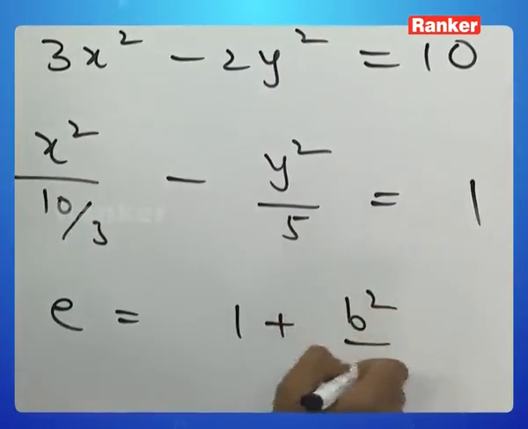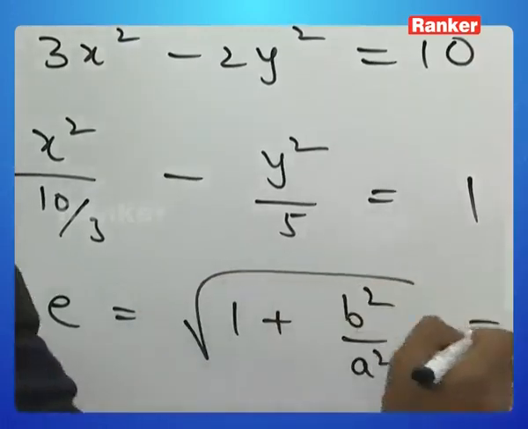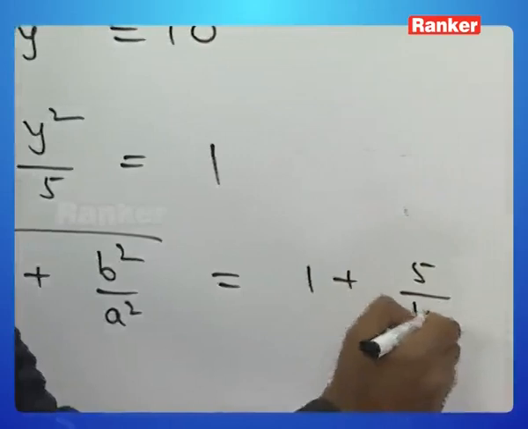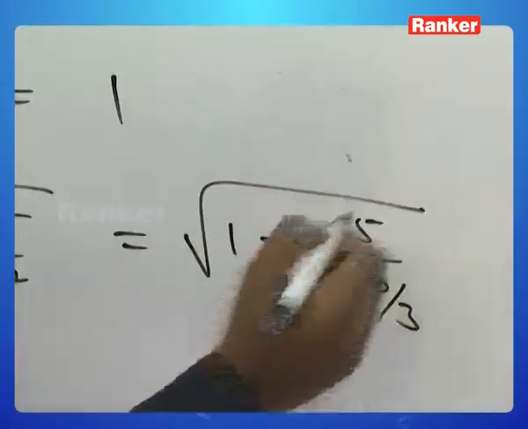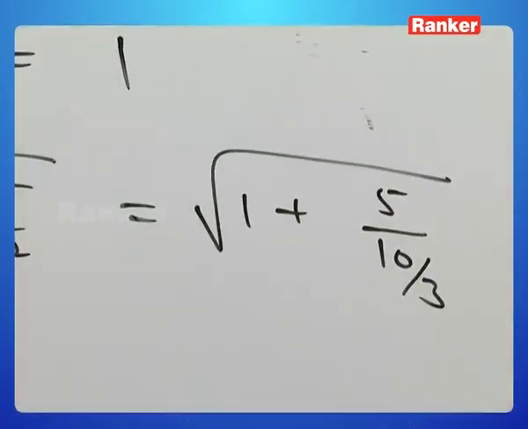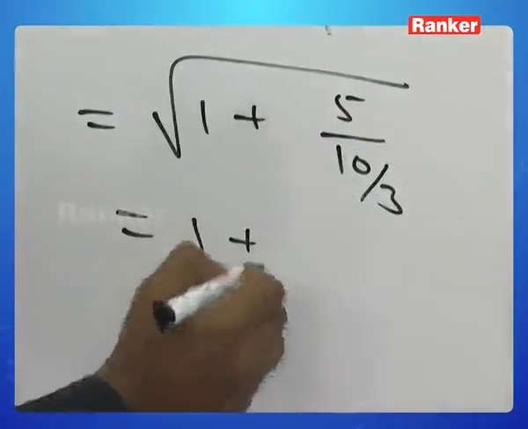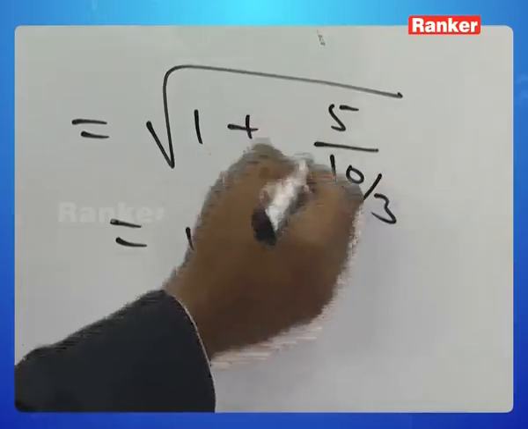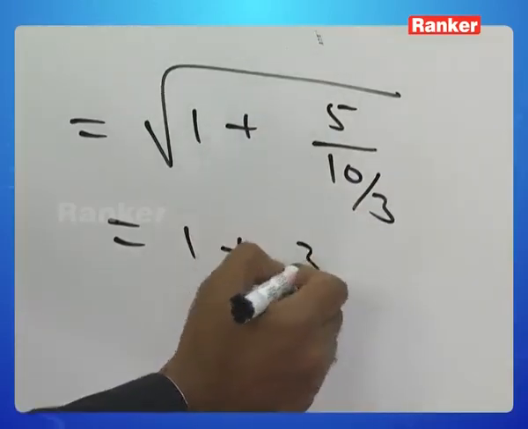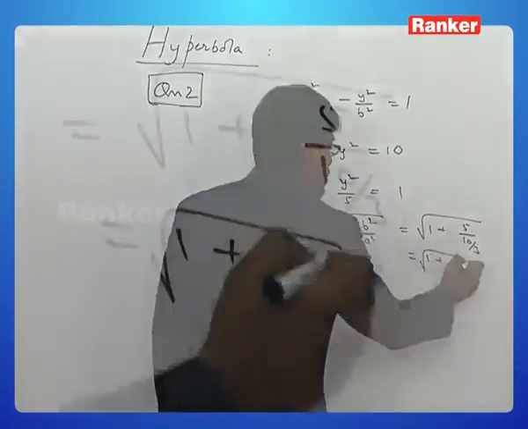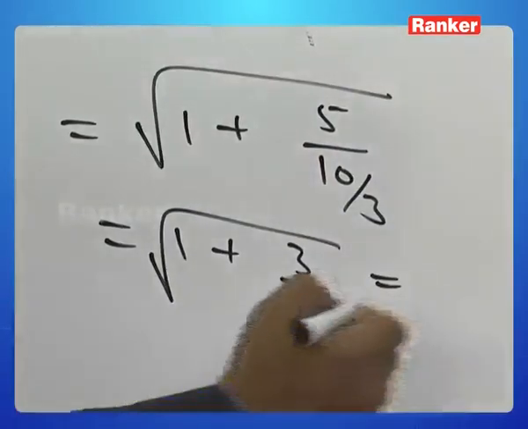That is under root of 1 plus 5 by 10 by 3. That makes it 1 plus 15 by 10, so that makes it 3 by 2, under root, that makes it under root of 5 by 2.